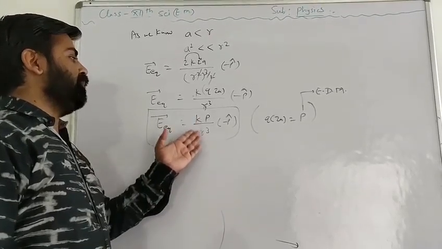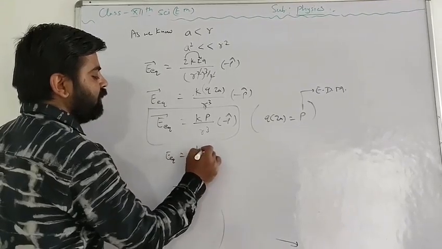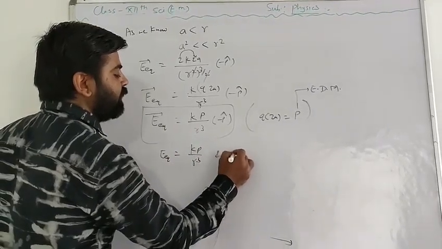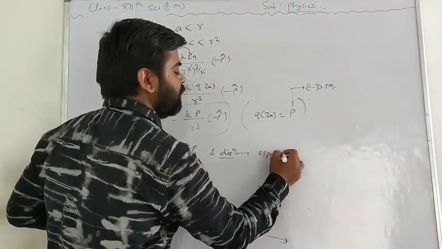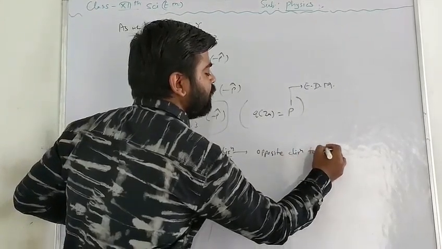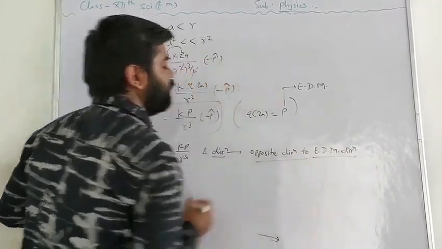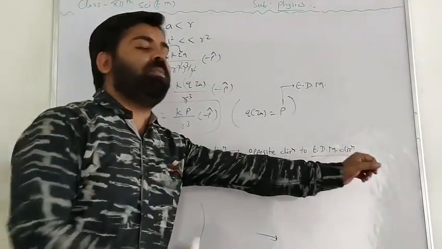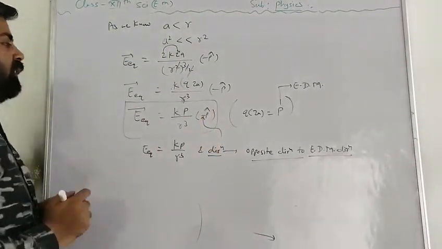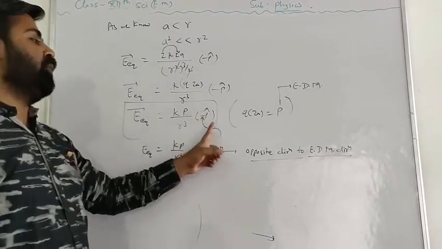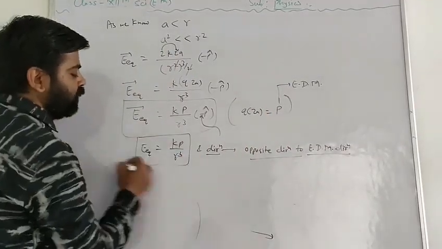Its magnitude is kp upon r cube, and its direction is opposite to the electric dipole moment direction. The negative sign denotes that the direction of the field is opposite to the electric dipole moment direction. Magnitude is kp upon r cube.